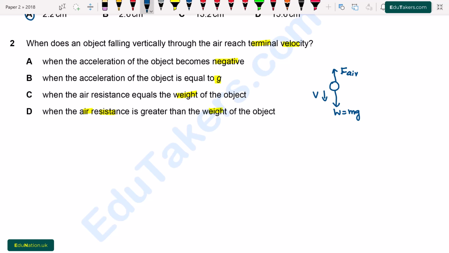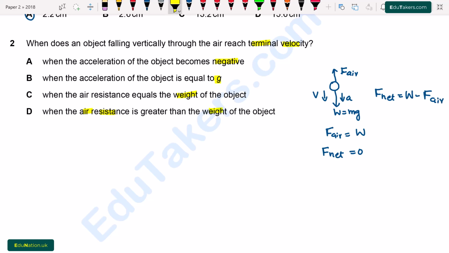At the instant when the air resistance force becomes equal to the weight of the object, the body attains the terminal velocity, and when the body attains the terminal velocity, the net force will be equal to 0. Because the body is accelerating in the downward direction, the net force will be equal to weight minus air resistance force.